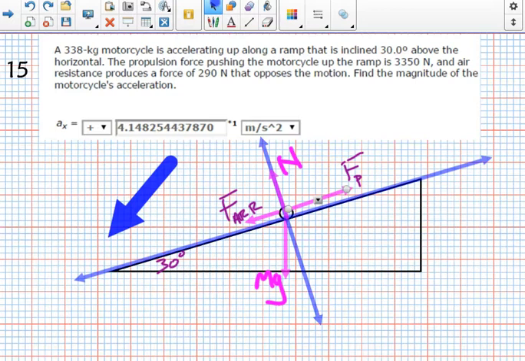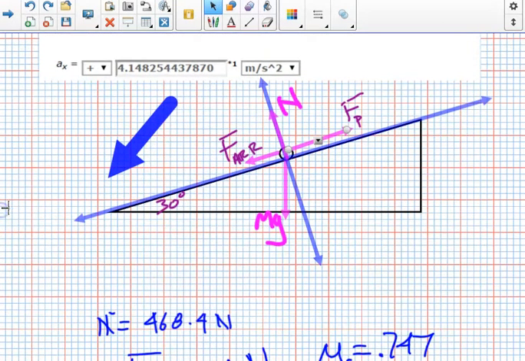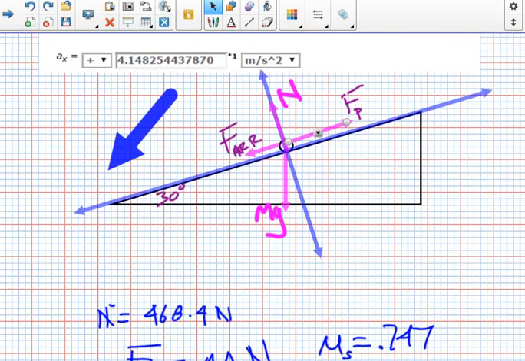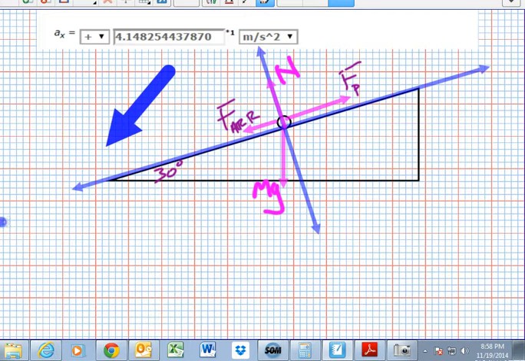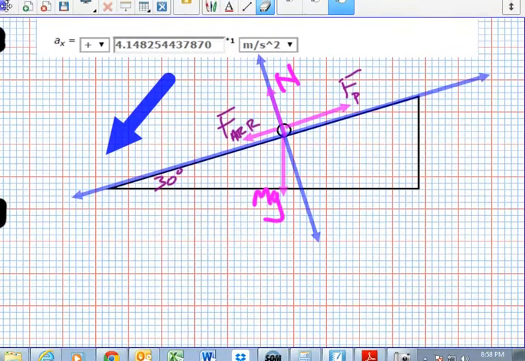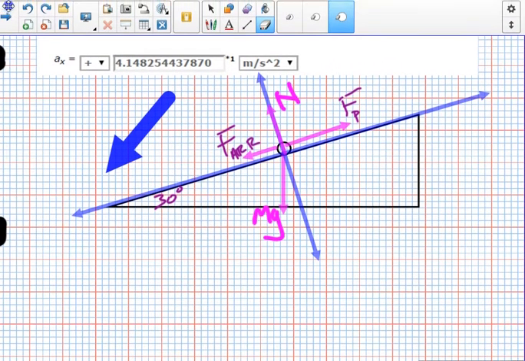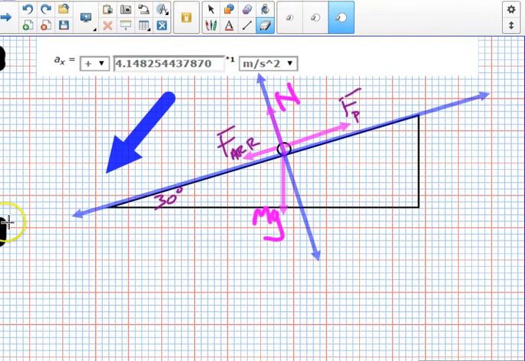Well, it's kind of a lot of a diagram. Let's just draw the actual free body diagram at this point. Whoops, I got some stuff left over. Sorry about that. Okay.